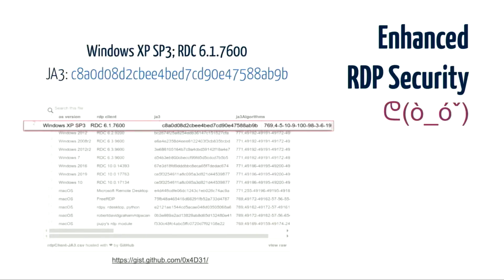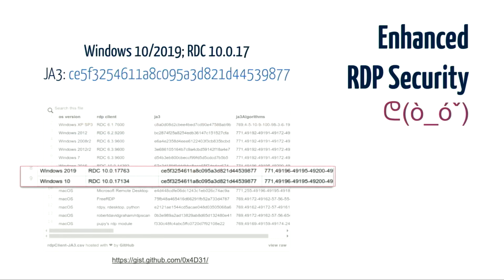What I did was generate traffic for different RDP clients on different Windows versions, and the result was cool. As we expected, there are unique fingerprints for each client. As you can see here, this is a fingerprint for RDC 6.1 on Windows XP, or this one is for Windows 10 or 2019, which you can see is the same, because both use the same RDP client.